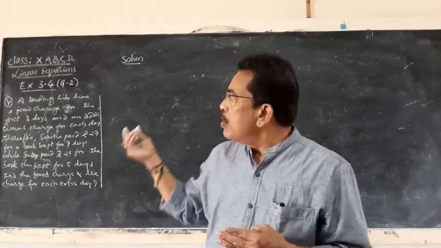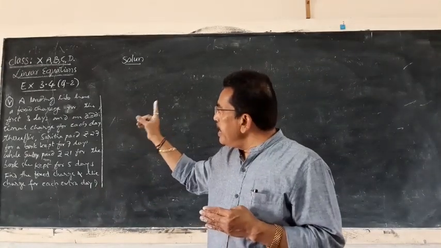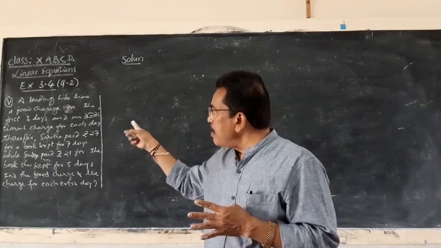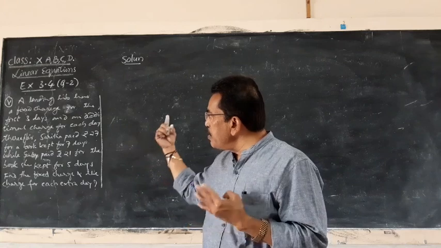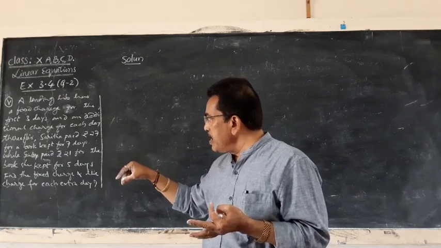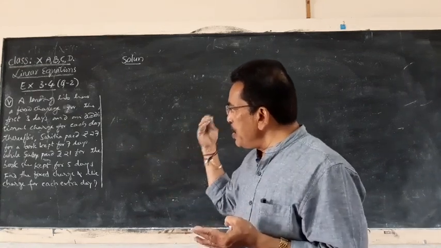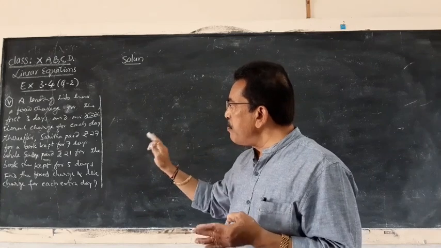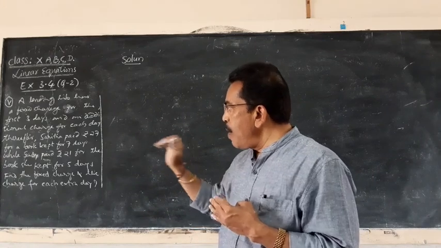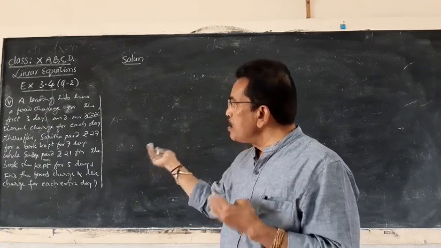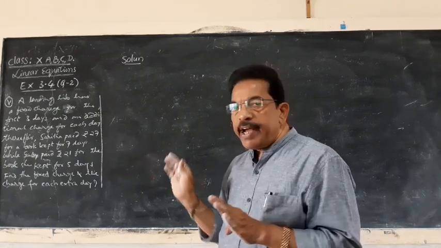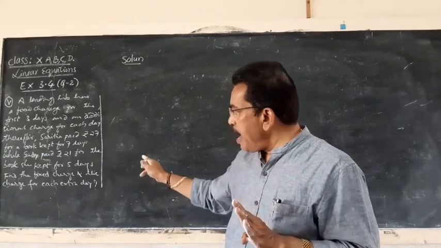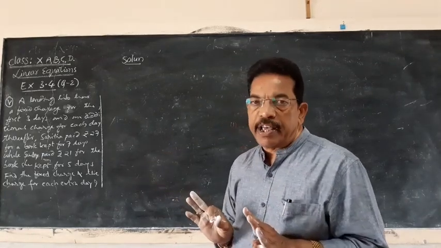So, a lending library has a fixed charge for the first 3 days and an additional charge for each day thereafter. Sarita paid rupees 27 for a book kept for 7 days, while Susie paid rupees 21 for the book she kept for 5 days. Find the fixed charge and the charge for each extra day.